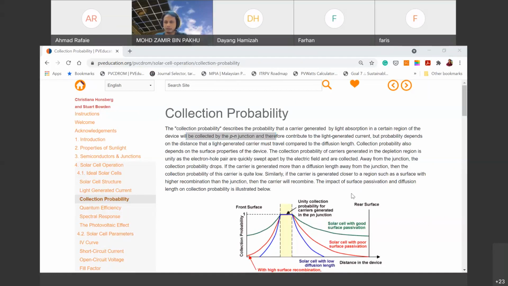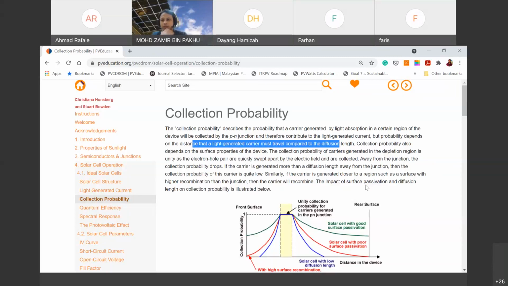We have discussed carrier generation in the depletion region, carrier generation in the quasi-neutral regions, and then the collection of carriers in the depletion region and both quasi-neutral regions as well. The carriers will be collected and then contribute to the light-generated current JL we discussed yesterday. But probability depends on the distance that the light-generated carrier must travel compared to its diffusion length.